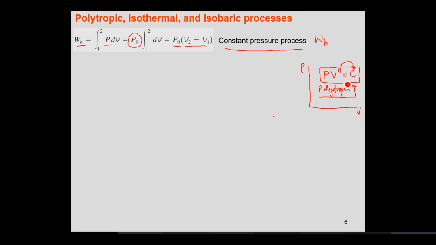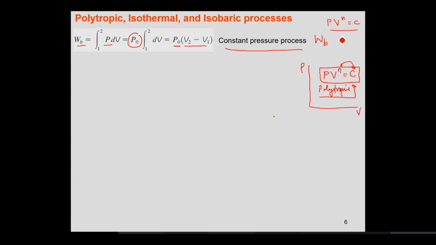These two would determine the path, but generally the shape of the path is governed by this equation. When I say a polytropic process, I mean a process following this generic equation, PV to the power n equals constant. The n value would determine the shape of the path, but if a fluid or a gas is following a polytropic process, you will have essentially this relationship.